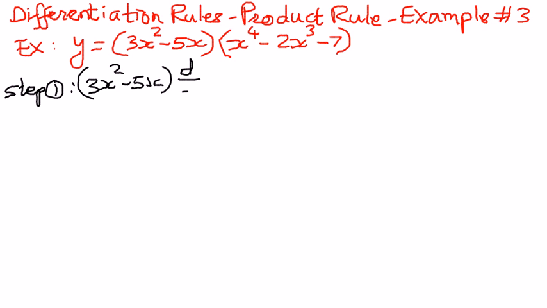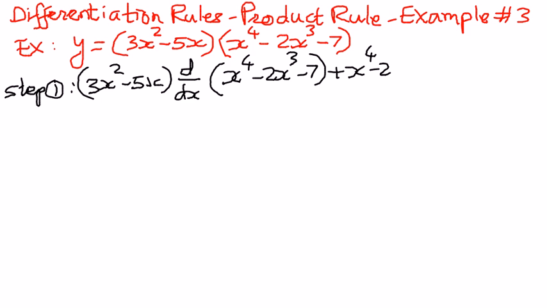d by dx of the second function, which is x to the power of 4 minus 2x to the power of 3 minus 7, plus the second function, which is x to the power of 4 minus 2x to the power of 3 minus 7, d by dx of the first function, which is 3x to the power of 2 minus 5x, close brackets.